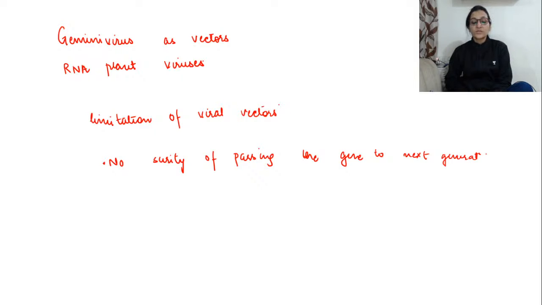So there is no surety of passing the gene to the next generation. However, in the case of vegetatively propagated plants, the desired trait can be transmitted to the next generation. Even in these plants, there is always a risk of losing the gene any time. So it is not a 100% sure way to transfer the gene to the next generation.